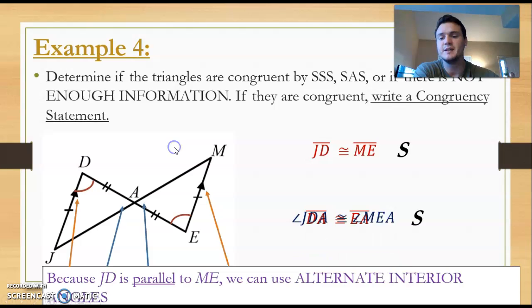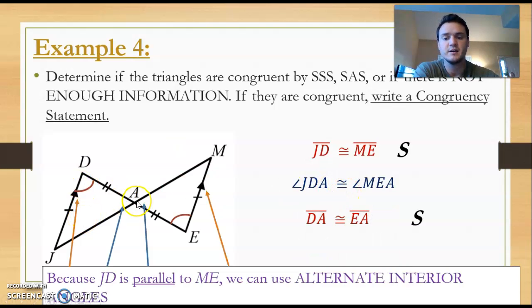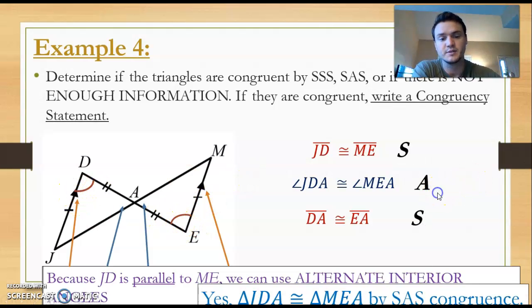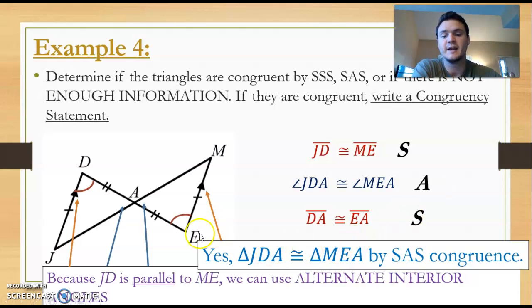So angle JDA is congruent to angle MEA. Because that angle is in between those congruent sides, that's the included angle, that would be SAS congruence. So we can say that triangle JDA is congruent to triangle MEA by SAS congruence.